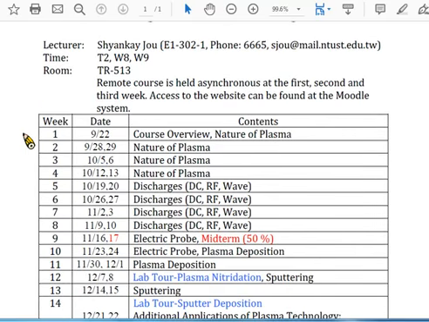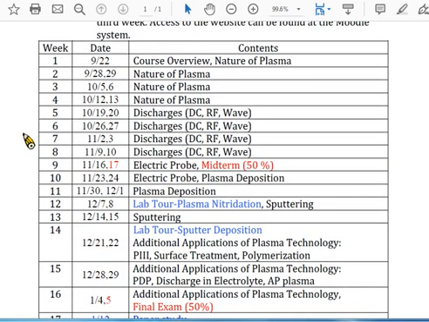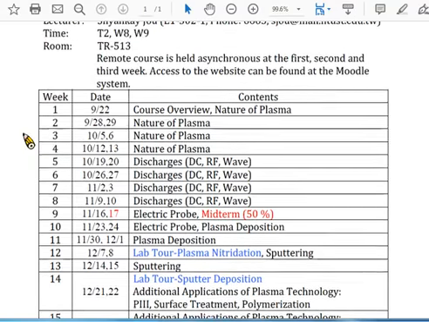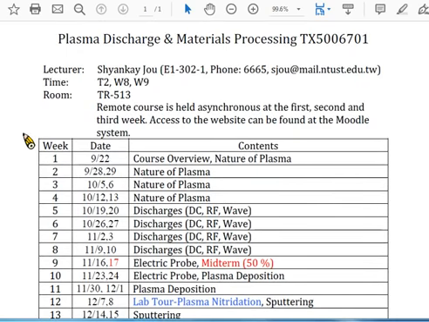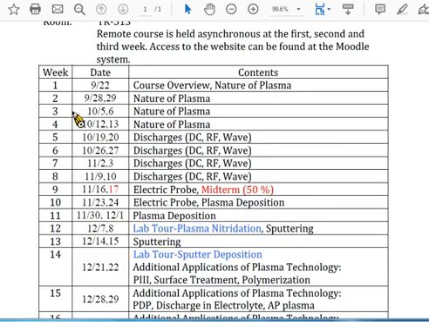At the beginning of the class, I will show you the class contents and the schedule for this semester. Our class is Plasma Discharge and Materials Processing. At the beginning, I will let you know the concept of plasma, what plasma is, and how we can generate plasma.